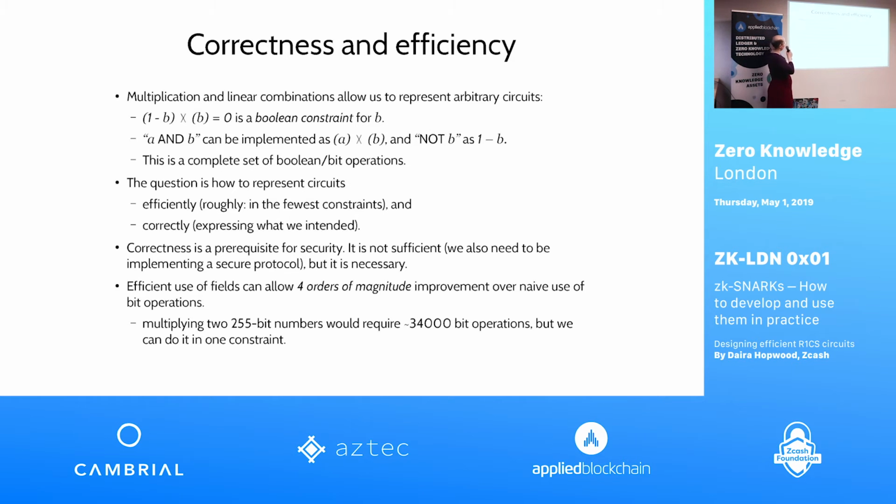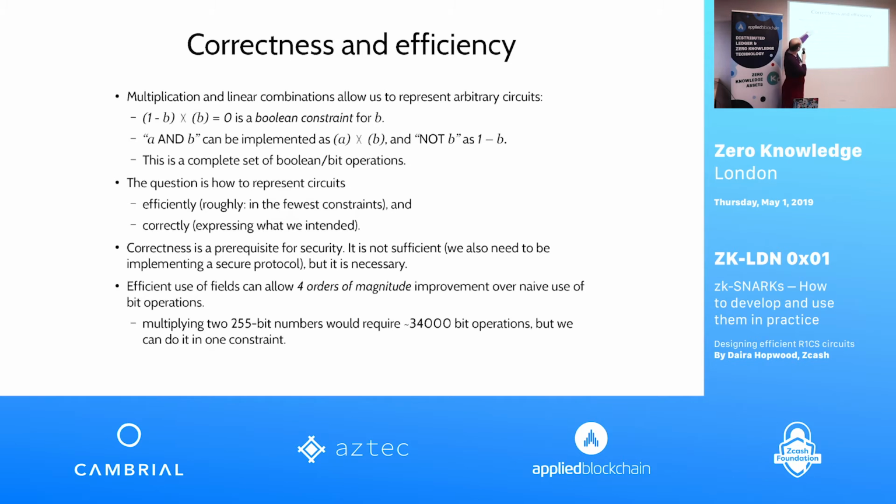So let's have a look at some examples. We can prove quite easily that this is computationally complete, so we can express any Boolean circuit of a given size. The way we prove that is, this is one way of doing a Boolean constraint. So we can see how this works.